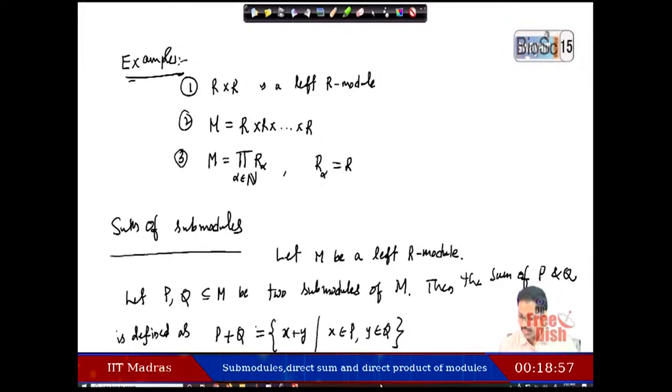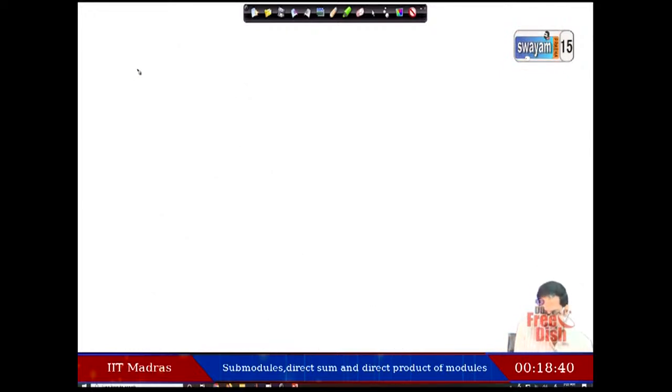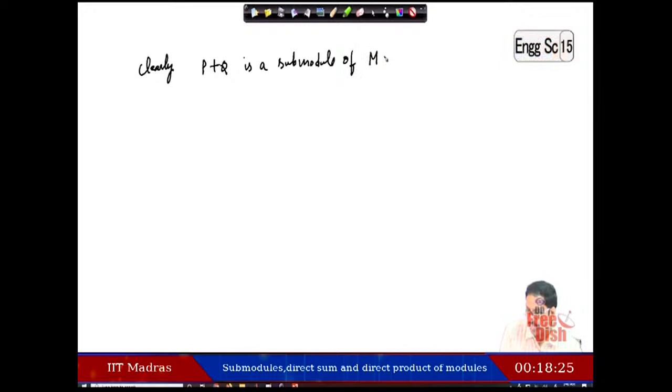Then it is clear that this is a subset of M, because both P and Q are subsets of M, and clearly P plus Q is a submodule of M, because it satisfies all the conditions.